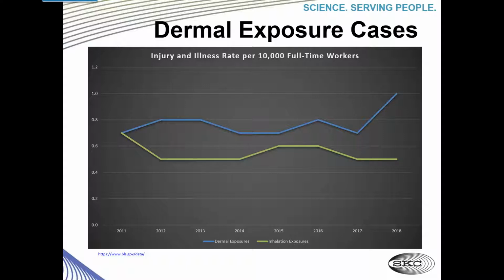This is the data from the Bureau of Labor Statistics in the United States. It represents the rate of injuries and illnesses per 10,000 full-time workers. As you can see, the rate of inhalation exposures has been decreasing, which is the green line, compared to the dermal exposures, which have increased. That's the blue line over there.